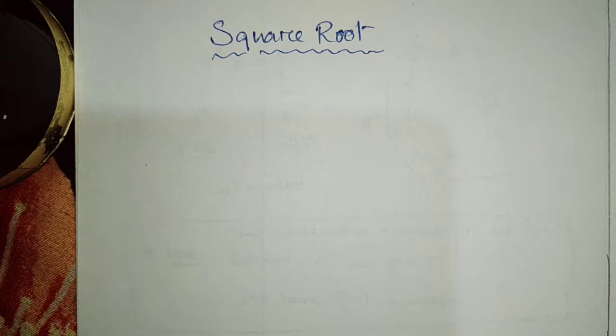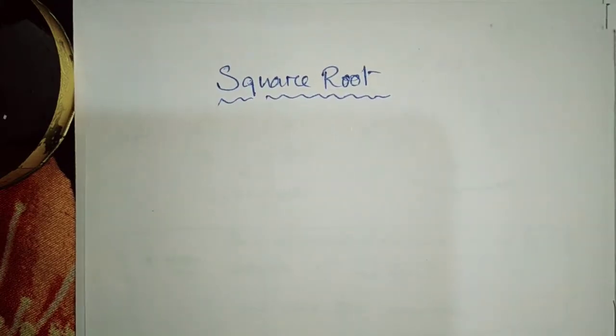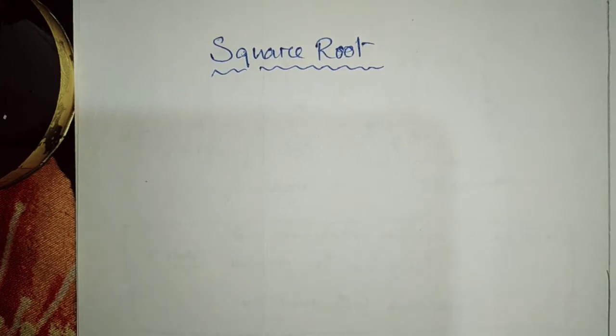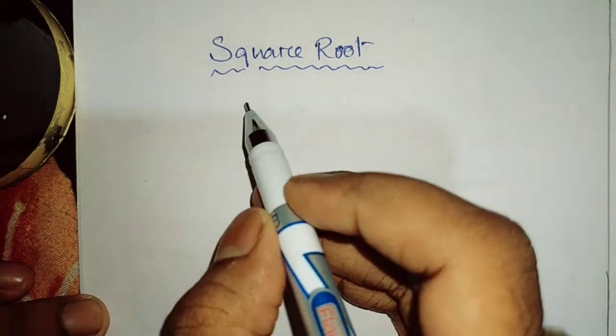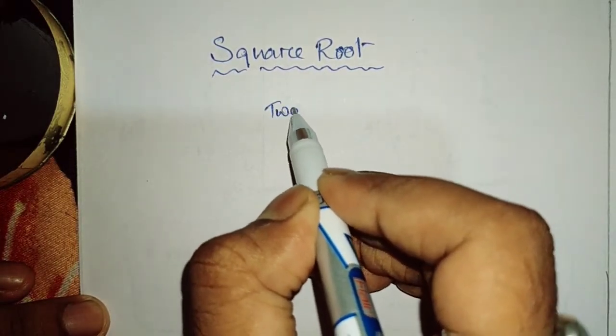Hello everyone, in this video we will learn how to find the square root of a given number. So let's start. To find the square root of a number, we have two basic methods.